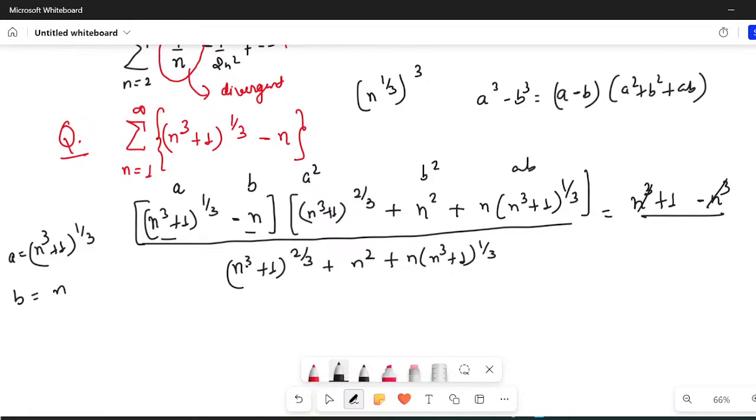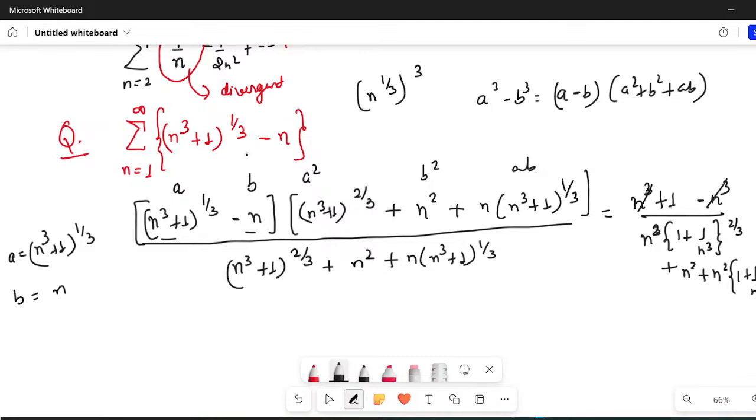If you take n common out, you will get n square, and then again n square, because if you take n cube common, n cube raised to power 1 by 3 is n, and n into n is n square. So you'll get 1 plus 1 upon n cube raised to power 1 by 3.